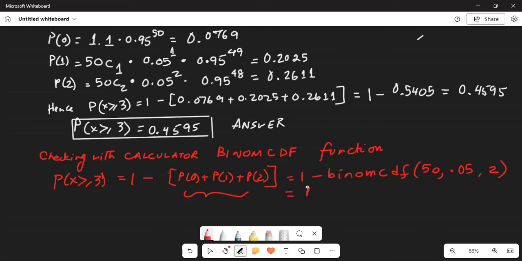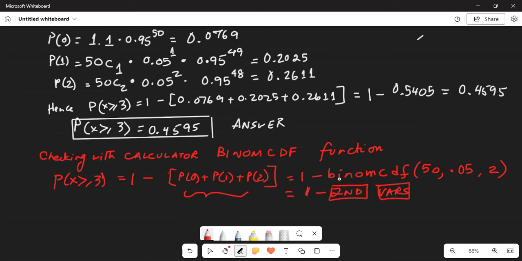So I will go to my calculator, do 1 minus, then second key, then VARS key, and then scroll down to binomial CDF, which is at the bottom, B as in boy.